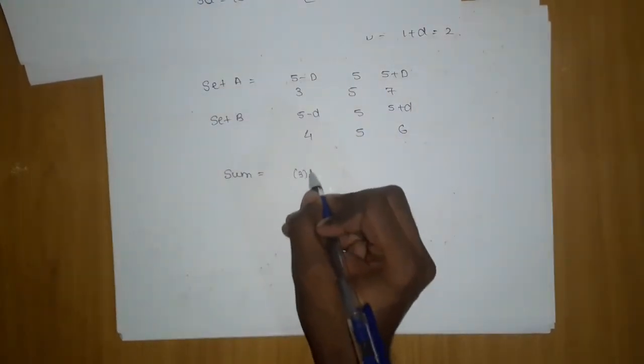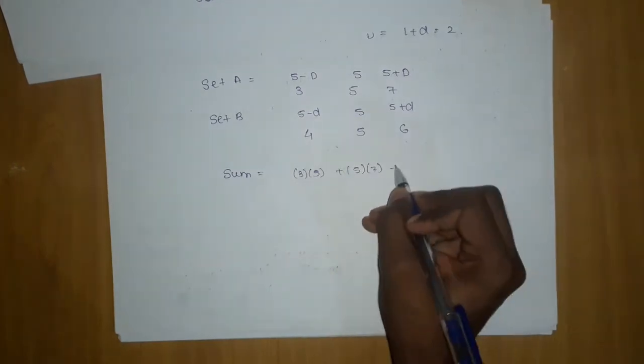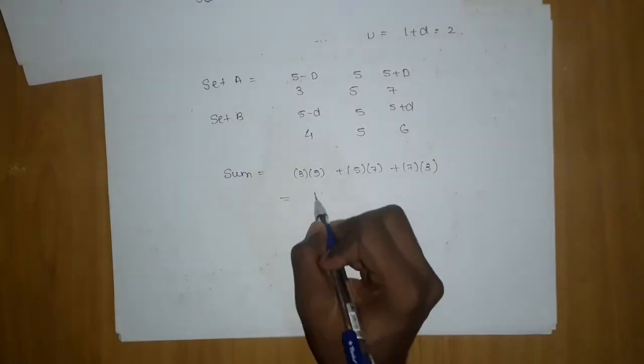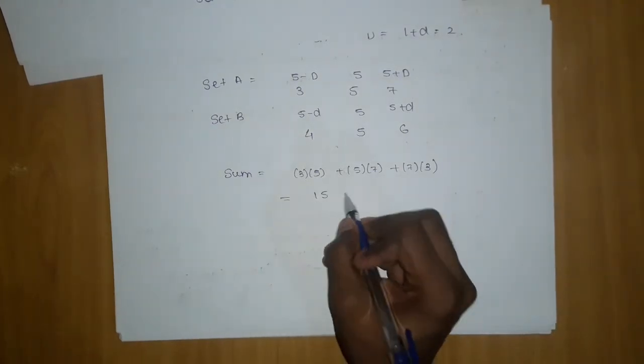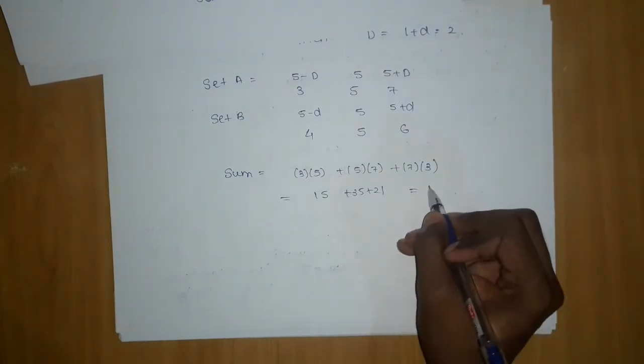The condition is 3 into 5, 5 into 7, 7 into 3, so 15, 35 and 21, which gives me the final answer 71. So 71 is our answer. Further on, the value of Q, this is the third one.